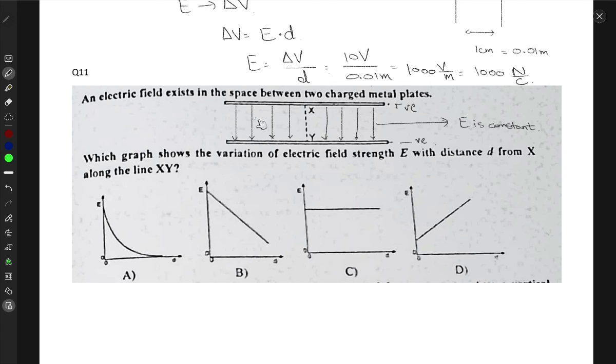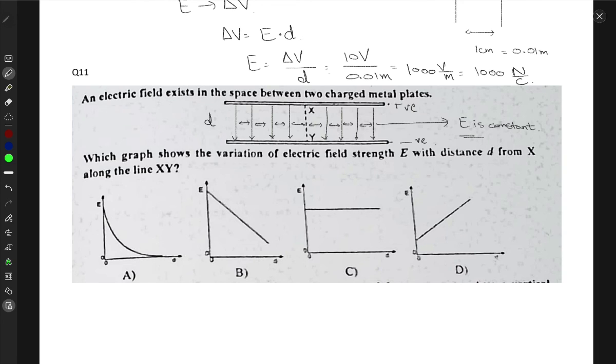So all of these lines would be arranged at a particular distance. So this distance between all of these lines is always going to be a constant value, which means that because these lines are giving you some information about the electric field, then the electric field should be constant with respect to the distance between these two plates.